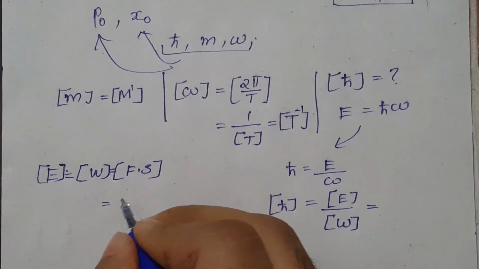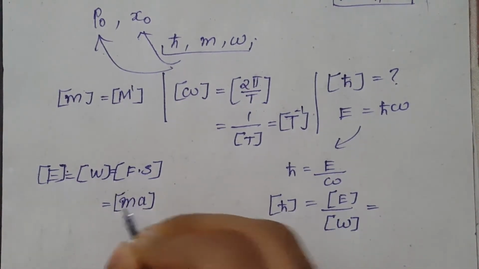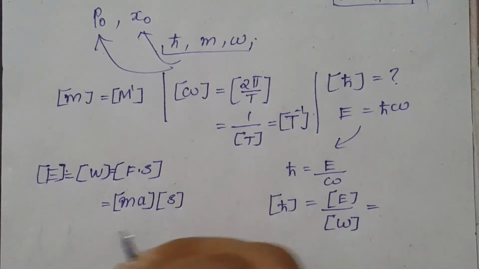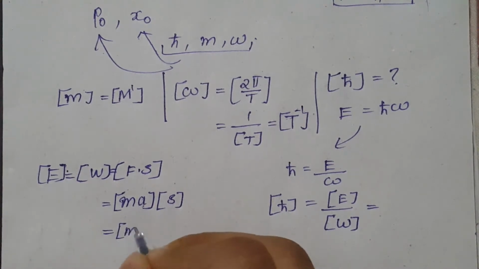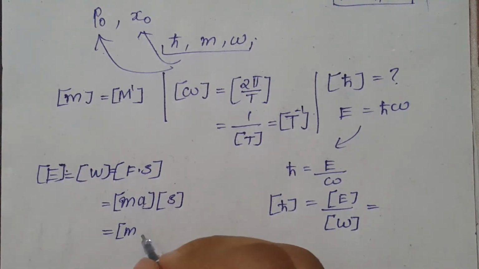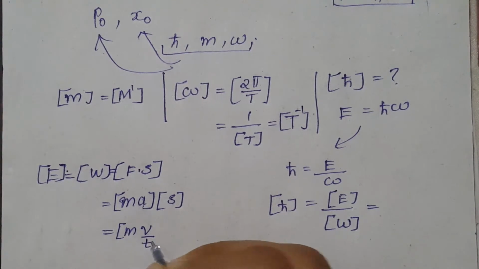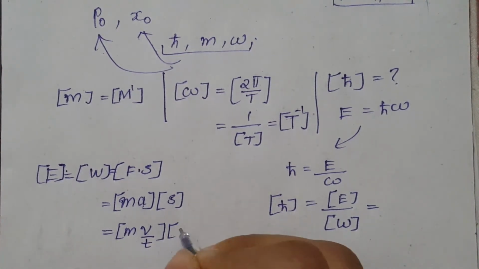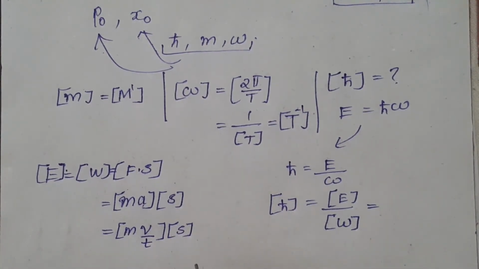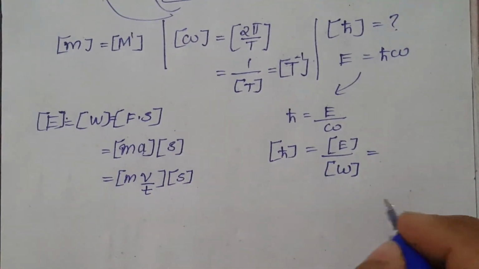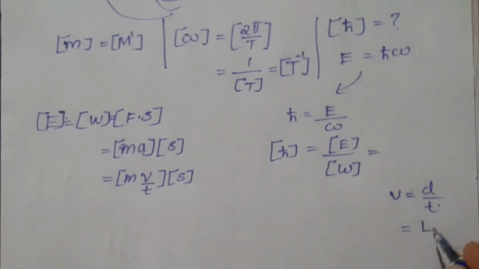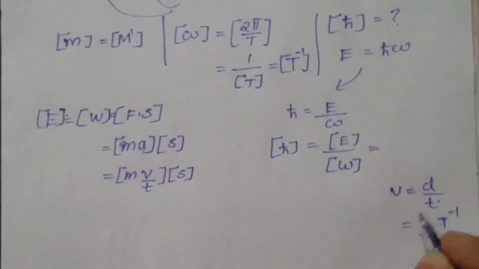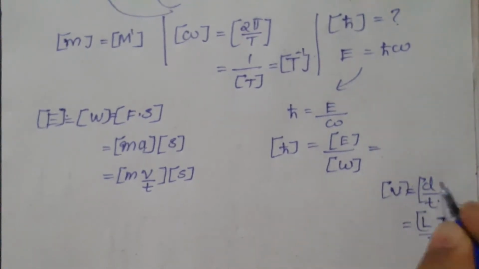Now what is the dimension of force? Force is ma. So the dimension of ma times the dimension of distance. For m we know the dimension will be M. What is it for acceleration? Acceleration is velocity by time, multiplied by the dimension of distance. Now what is the dimension of velocity? Velocity is distance by time, so it has the dimension L T raised to minus 1.